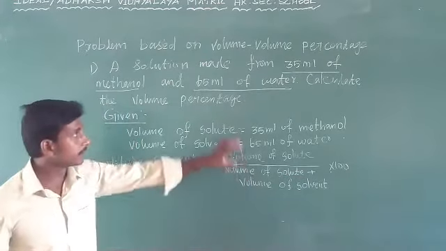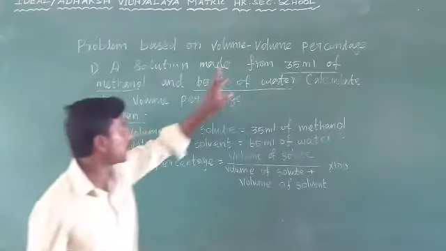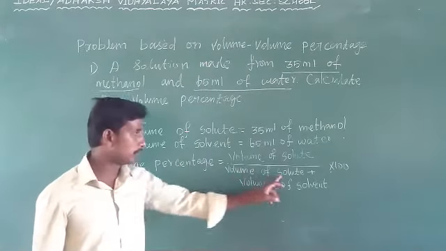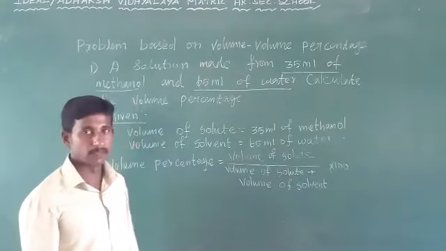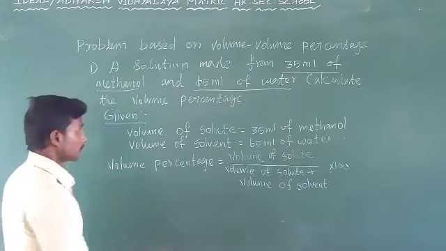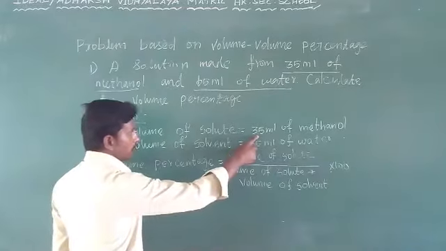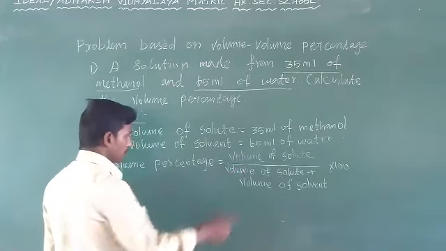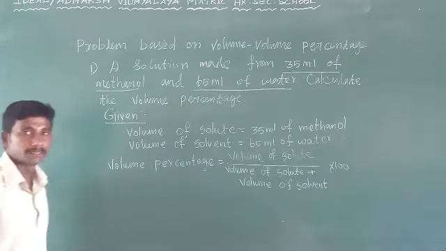Because here they have given volume of solute and volume of solvent separately, we use volume of solute plus volume of solvent. So we know both, and we substitute them in this formula to get the volume percentage.